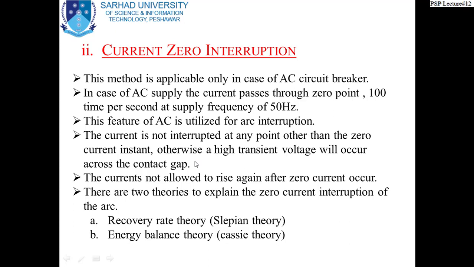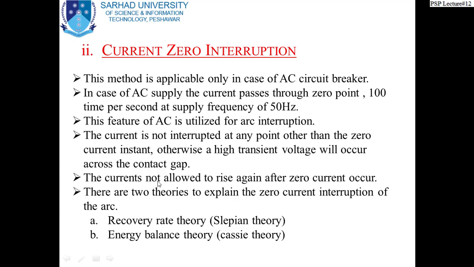Sometimes this voltage is so high that it punctures or damages the insulation. Therefore the current is not interrupted at any point other than the zero current instant. So when the current is interrupted at this point, naturally there will be no rise of voltage, or there will be no gradient, or di/dt will be equal to 0. Okay.